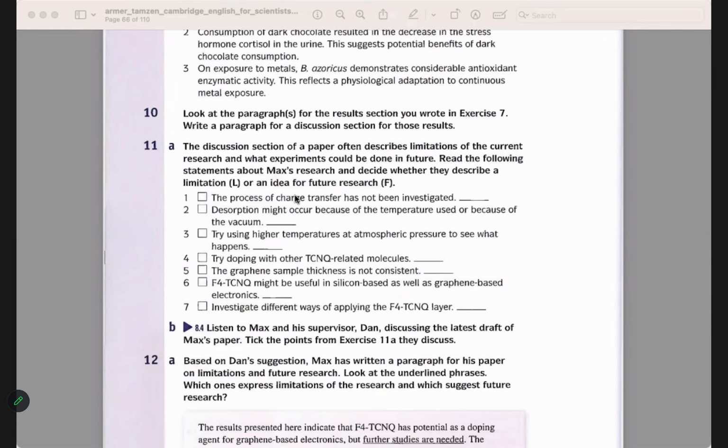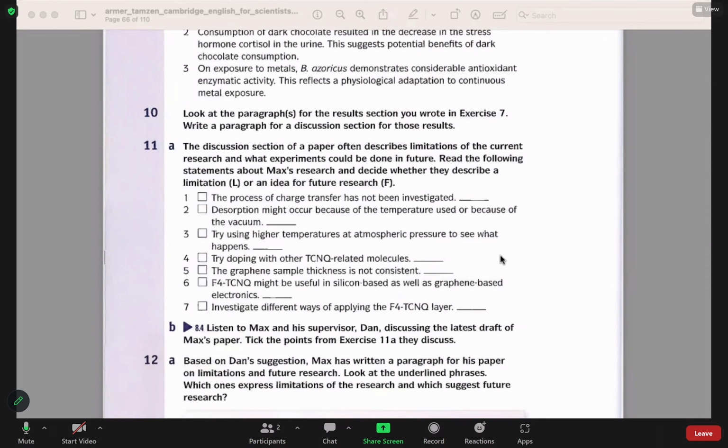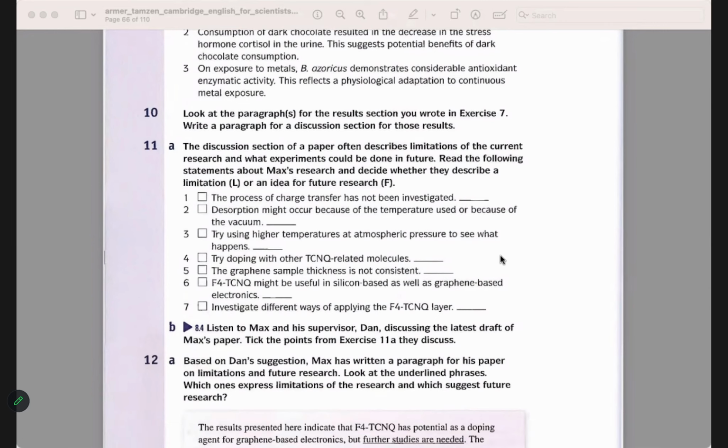The process of charge transfer has not been investigated. I think it's maybe future research, that it should be investigated in future. But not recommended. Like in this work, it hasn't been investigated. Yeah, it's a limitation of this work particularly. The absorption might occur because of the temperature used or because of the vacuum. It's a limitation. Try using higher temperatures at atmospheric pressure to see what happens.